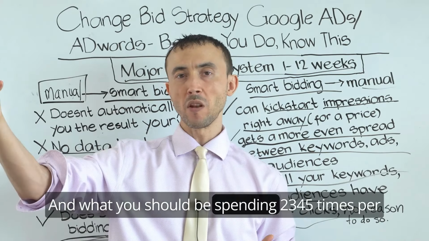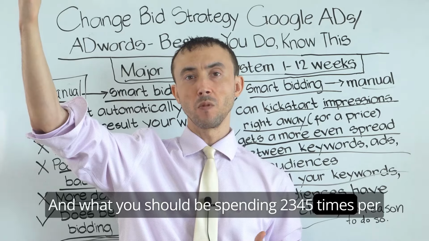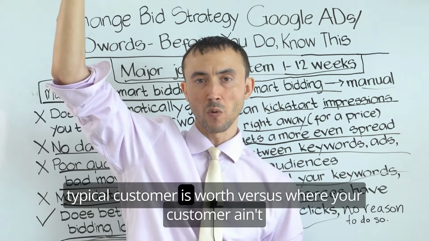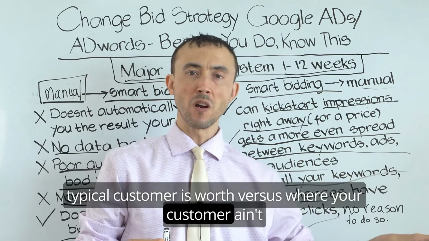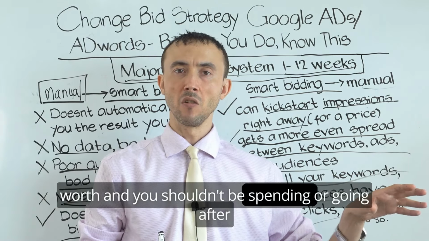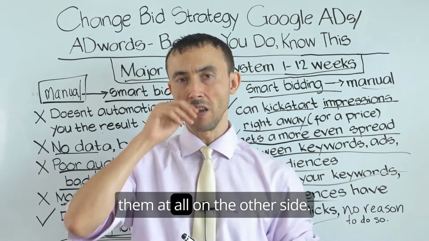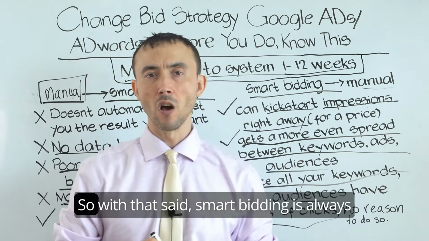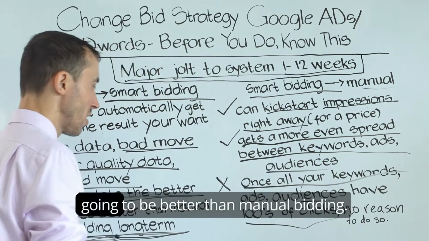What you should be spending 2, 3, 4, 5 times per click on, because it's worth 10, 20 times what the typical customer is worth, versus where a customer ain't worth anything and you shouldn't be spending or going after them at all on the other side. So with that said, smart bidding is always going to be better than manual bidding.